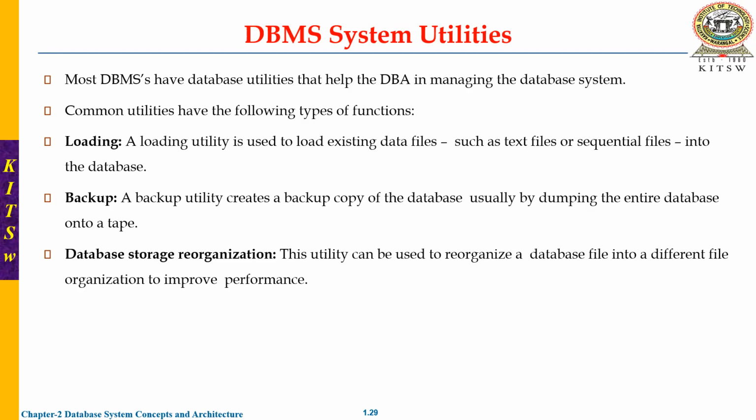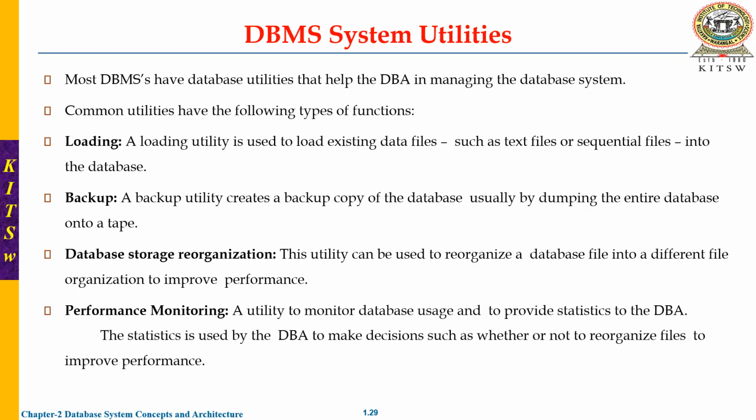A database storage reorganization utility can be used to reorganize a database file into a different file organization to improve performance. Performance monitoring is a utility to monitor database usage and to provide statistics to the DBA. The statistics are used by the DBA to make decisions such as whether or not to reorganize files to improve the performance.